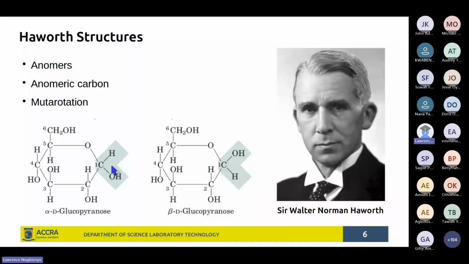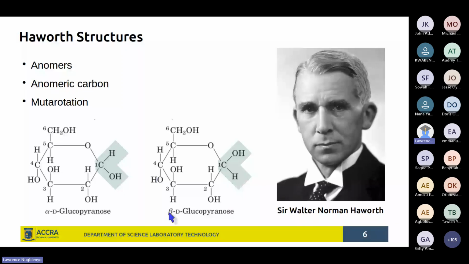That rotation can have the hydroxyl group facing downwards or upwards. When it's facing downwards, we refer to that anomer as the alpha anomer, and when it is facing upwards, we refer to it as a beta anomer.